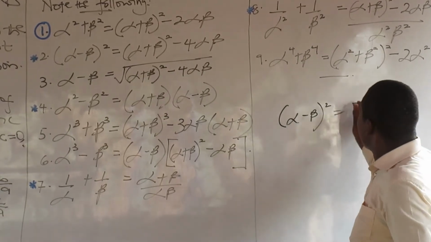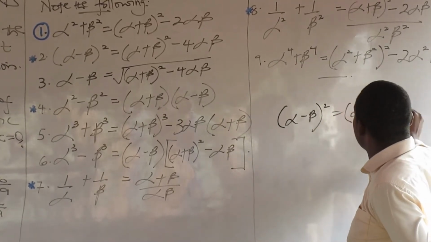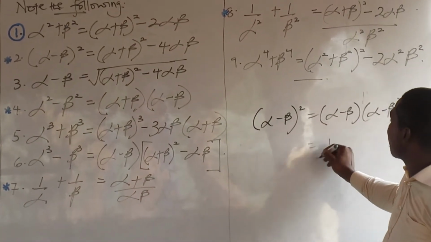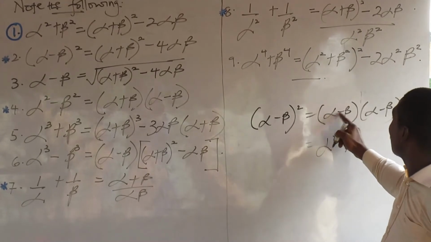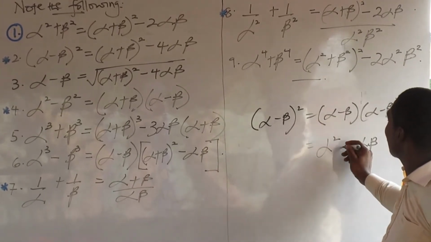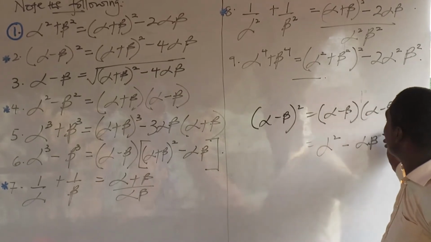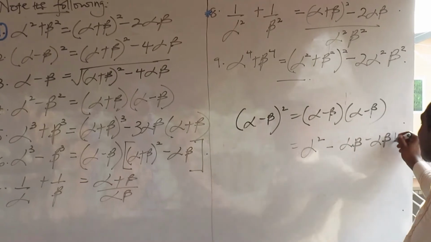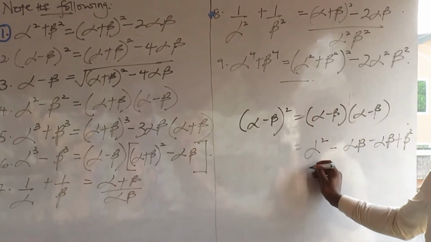We have a perfect square expansion, right? Do you remember? So alpha by alpha is alpha squared, agree? Alpha by beta is what? Alpha beta. Alpha by beta, alpha beta. This by this is also what? Alpha beta. Negative beta, positive beta, what? Squared. Are you okay?